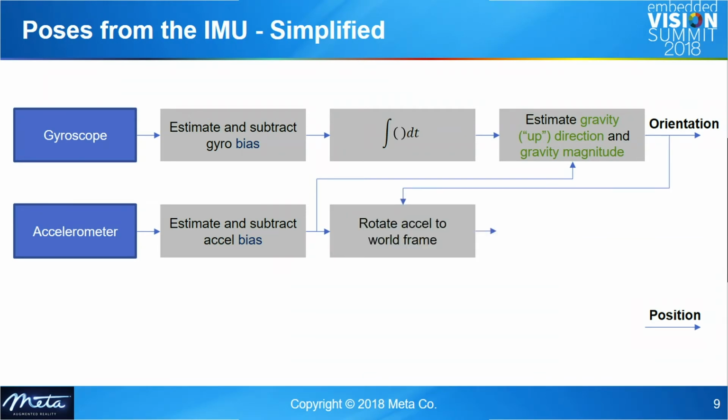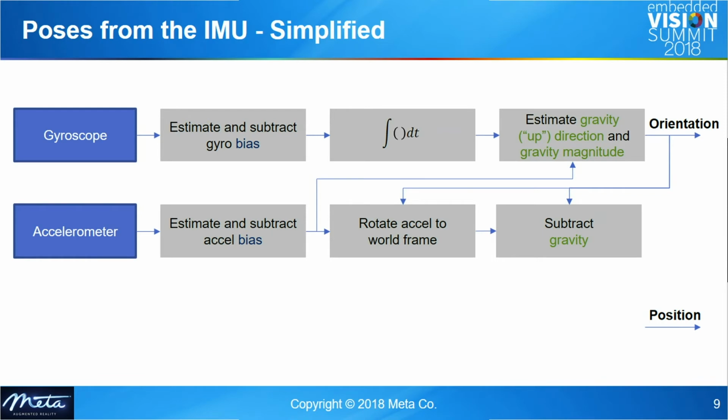So first we want to rotate the accelerometer readings to world coordinates. We were able to estimate the up direction, and now we want to rotate the accelerometer so that it's in a world-oriented coordinate frame. Then we also were able to estimate the gravity magnitude.